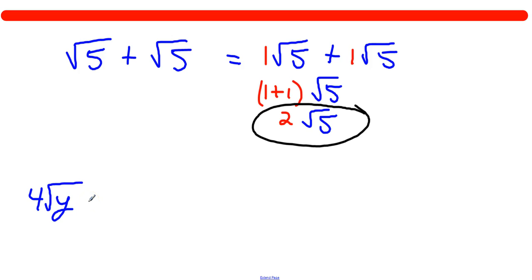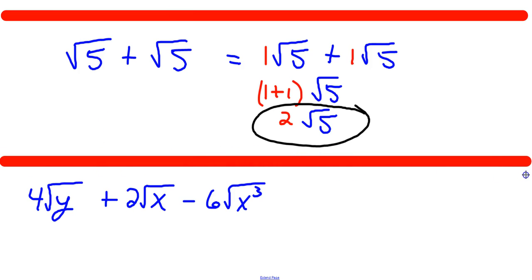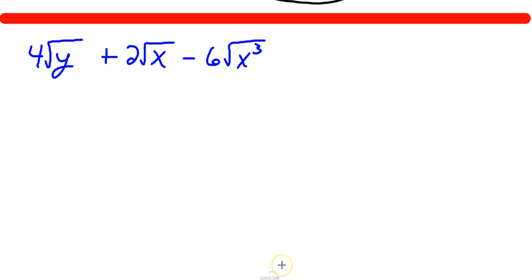But just in case they try to get a little bit sneaky with you, it may give you something like this, where you're doing 4 times the square root of y plus 2 square root of x, and then minus 6 times the square root of x to the third.